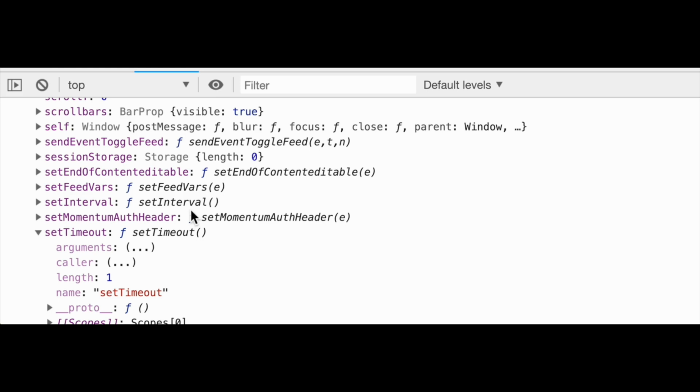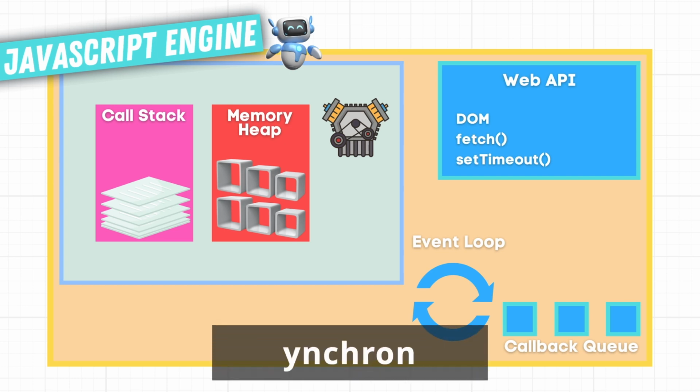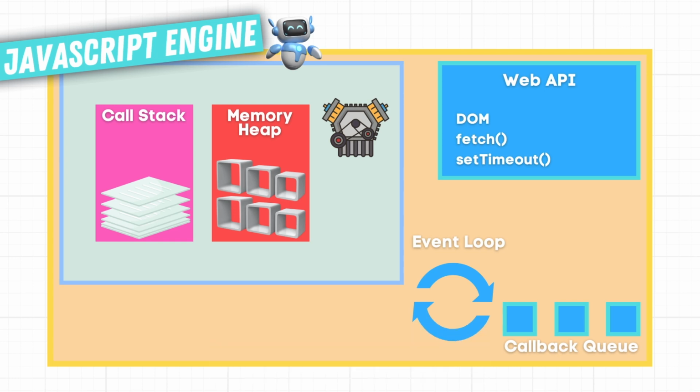And these APIs are called Web APIs because, well, they're APIs provided by our web browser. And these Web APIs are what we call asynchronous. That means you can instruct these APIs to do something in the background and return data once it's done. Meanwhile, we can just continue working on our JavaScript code stack and execute functions.